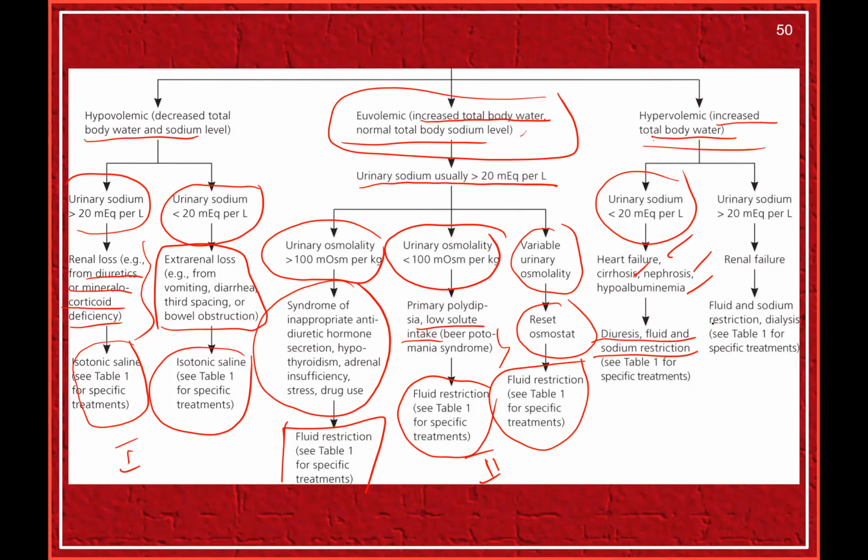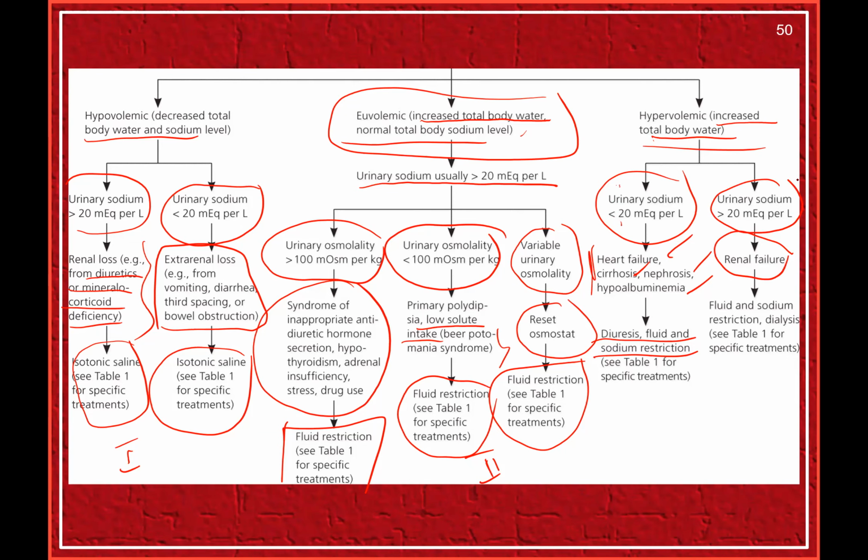The other way around. Supposing there is no heart failure, no cirrhosis, no nephrosis, no hypoalbuminemia, but the patient is hypervolemic, that means kidney failure is retaining water and salt, more water than the salt. In that case urine sodium excretion will be more than 20, whereas in the other conditions there is a reflex mineralocorticoid stimulation, and that is why urine sodium is less than 20.